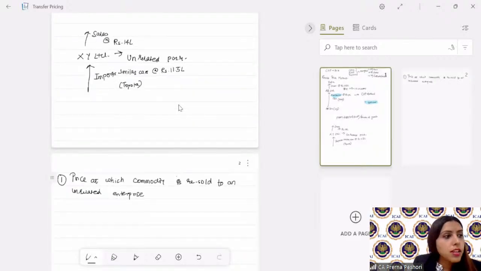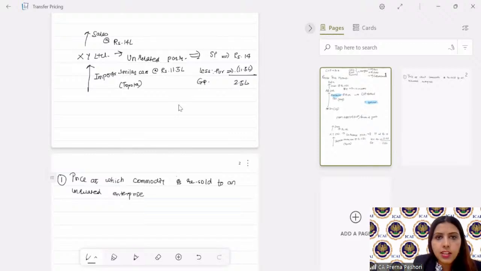They are reselling at rupees 14 lakhs, less they are purchasing it at 11.5 lakhs, and therefore their gross profit is 2.5 lakhs.